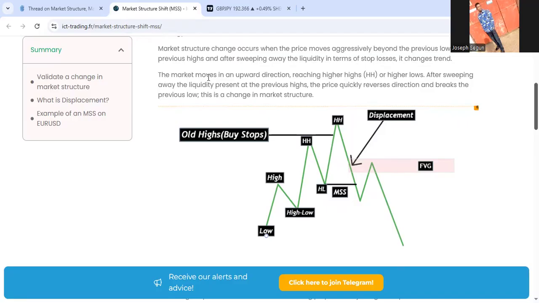The market moves in an upward direction, reaching a higher high, and after sweeping away the liquidity present at the previous high, the price quickly reverses direction and breaks the previous low. This is a change in trend, or a change in market structure.